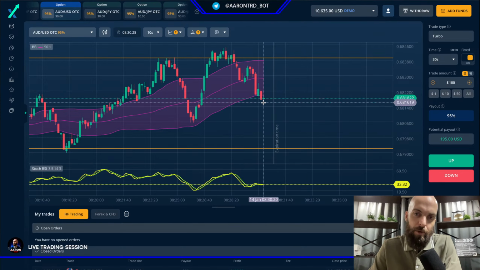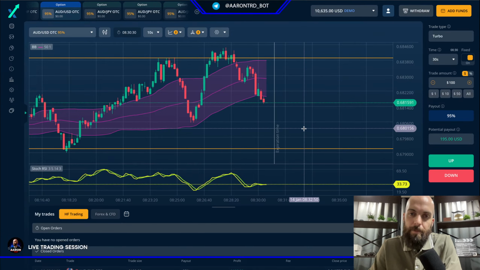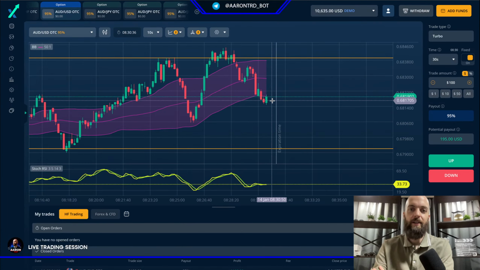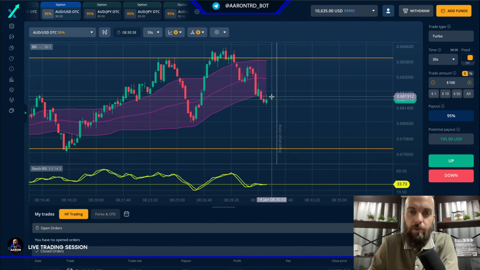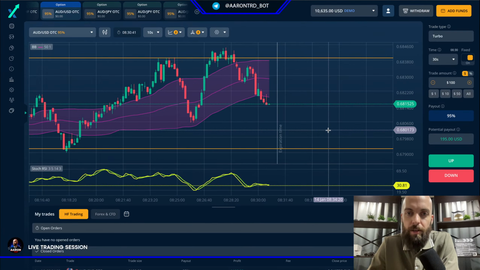We've closed below the band here. Ideally you want a whole candle to close above the band, but you know, we'll see what we got.